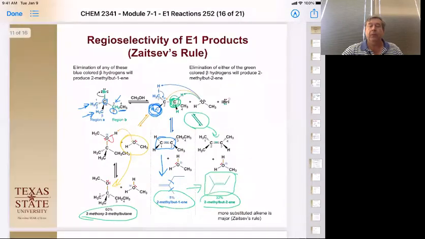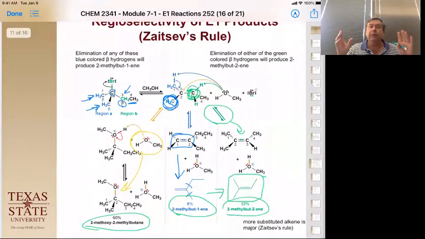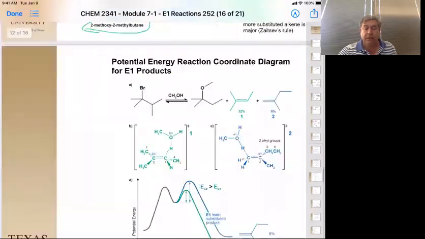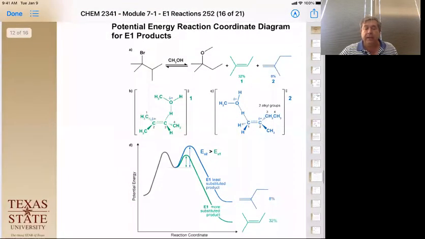Okay, so again, now when we look at these reactions, we're looking at a little bit of the thermodynamics, a little bit of the kinetics, and a little bit of the mechanism. And you can start talking yourself through the thing saying, well, what's the most stable product? That's probably going to be the highest yield in the product. Okay, so let's look at that energy diagram as far as we go through the eliminations and the substitutions right here.